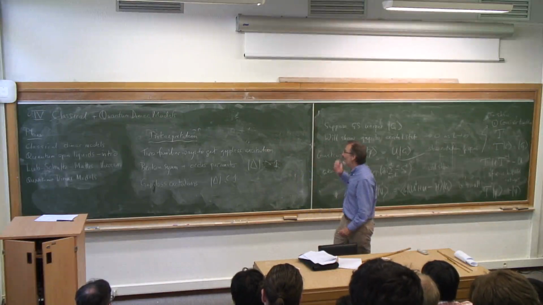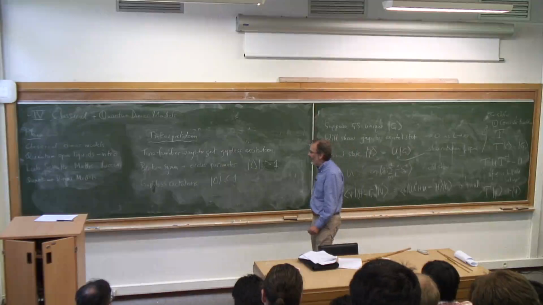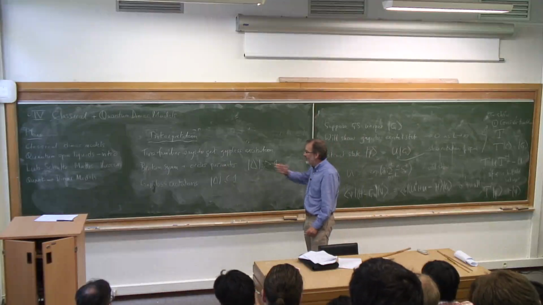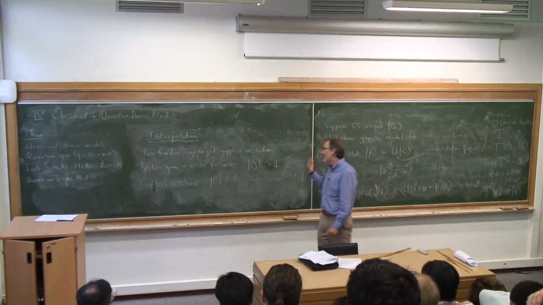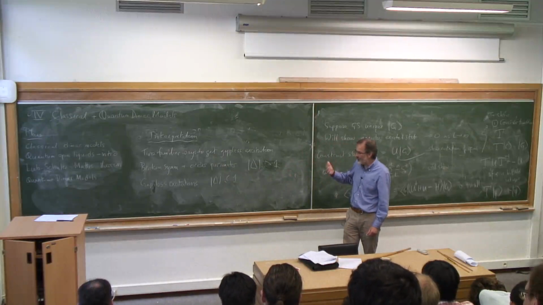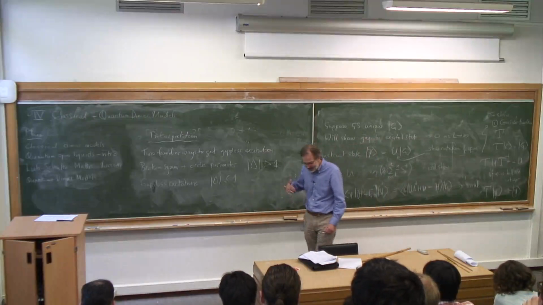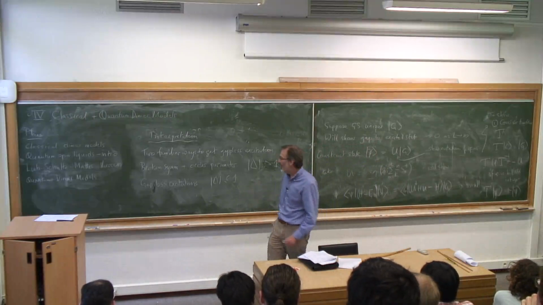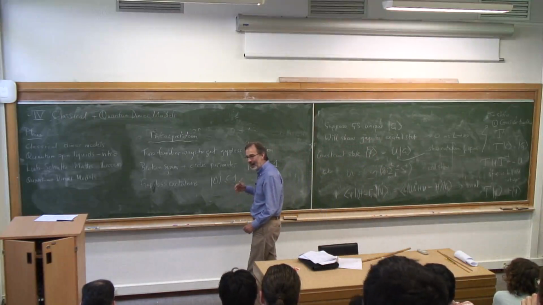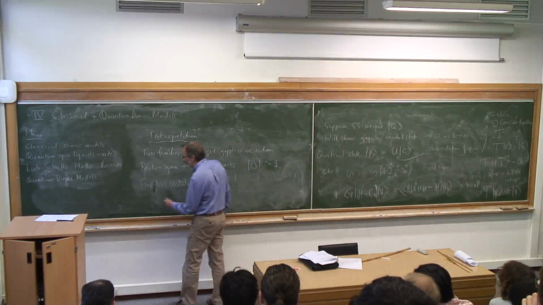But if I have a gapped system with no local order parameter, then what this says is that there must be at least two ground states, which will correspond to different topological sectors in a topologically ordered system.